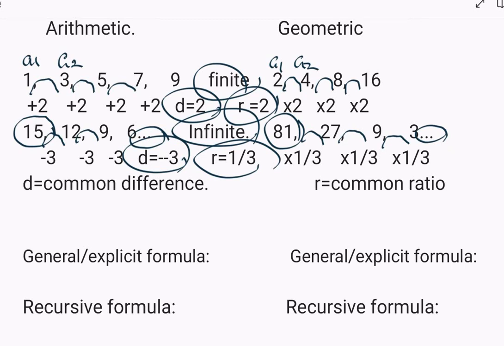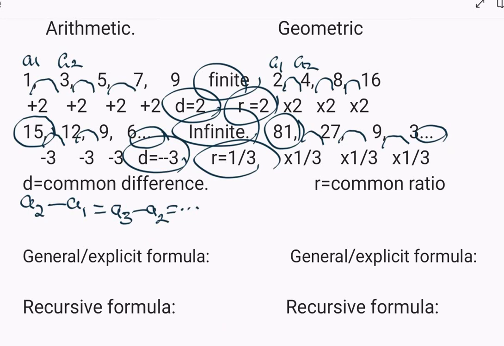In order for a sequence to be arithmetic, a sub 2 minus a sub 1 must equal a sub 3 minus a sub 2, and so on. So the difference of two adjacent consecutive terms must stay the same.